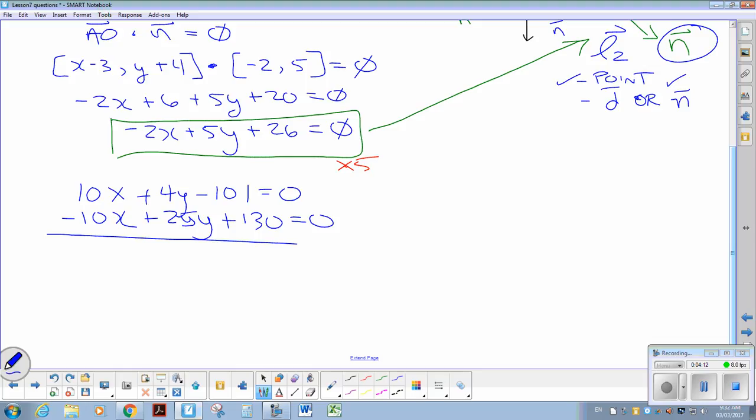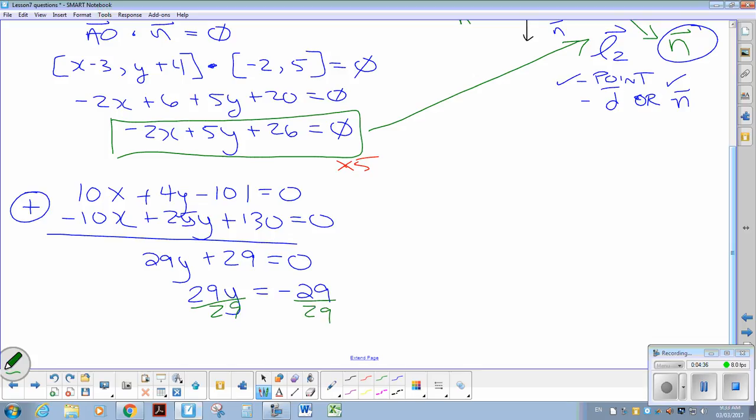Using elimination, I'm going to add because the signs are opposite there. So it's 29y, and -101 plus 130 is 29. You know the stars are aligning when 29 is a funky number, but the other number is a 29. Life is good. All right, so y equals -1.